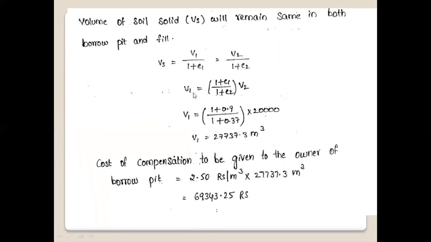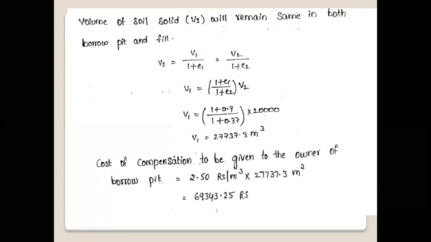So we find V1 equal to 1 plus E1 divided by 1 plus E2, into V2, which is the 20,000 cubic meters volume.